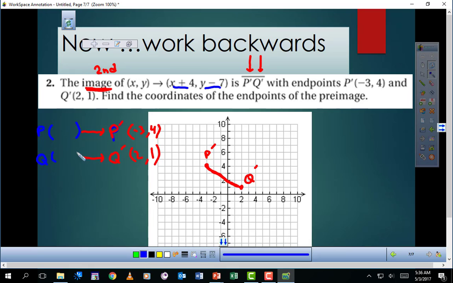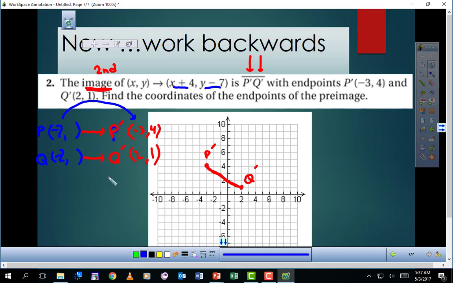So in a way we're working backwards. Now remember, whatever coordinates I had here, I would have added 4 to get here, so to work backwards you just subtract 4. If you have -3 and you subtract 4, that puts this at -7. If you take this one and subtract 4, you're going to be at -2.